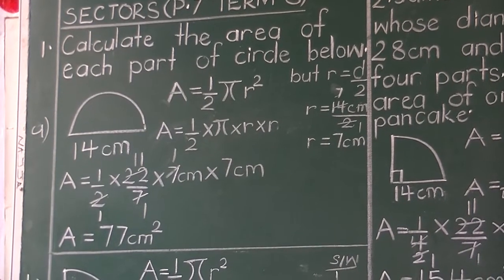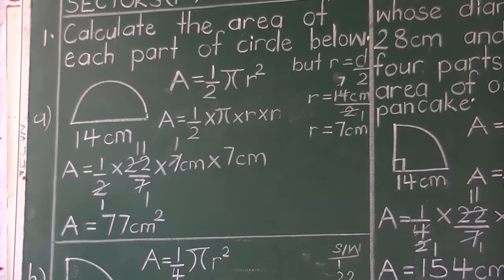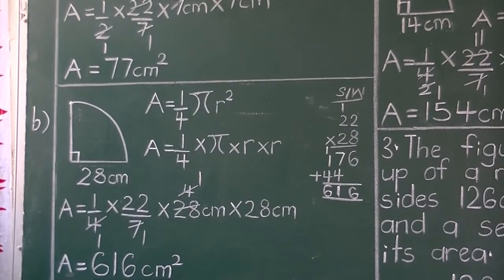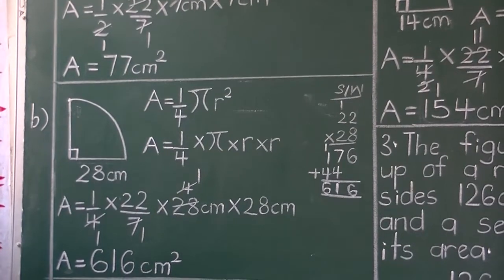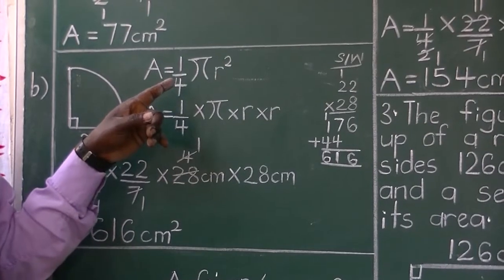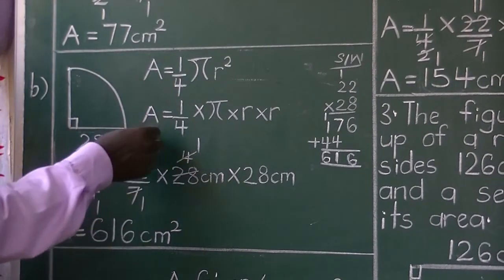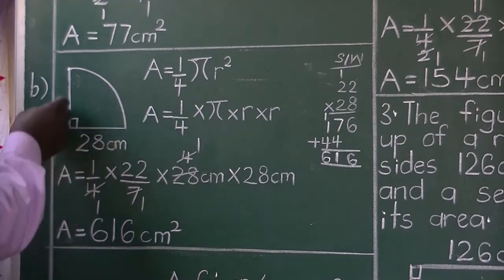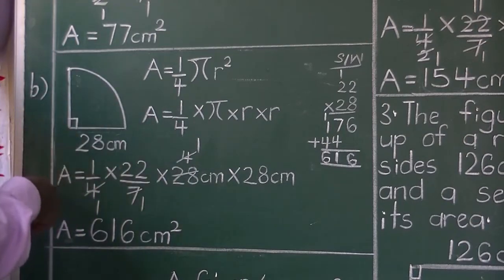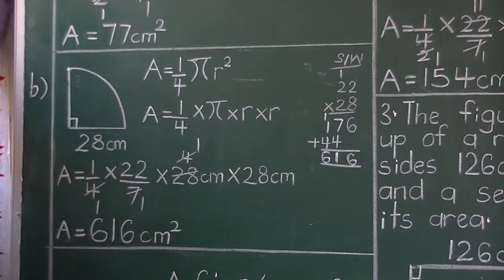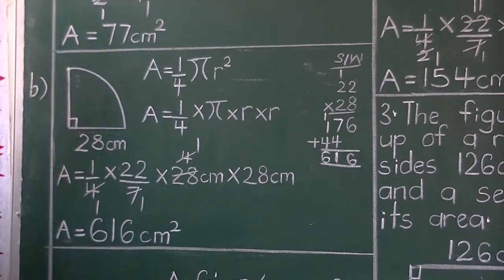What about other circle sectors like a quadrant? A quadrant is a quarter of a circle. If a quadrant is a quarter of a circle, then area of a quadrant equals a quarter pi r squared. So we have the flat surfaces here. Both are radii. This is radius, which is 28 centimeters, and so is this radius, 28 centimeters.